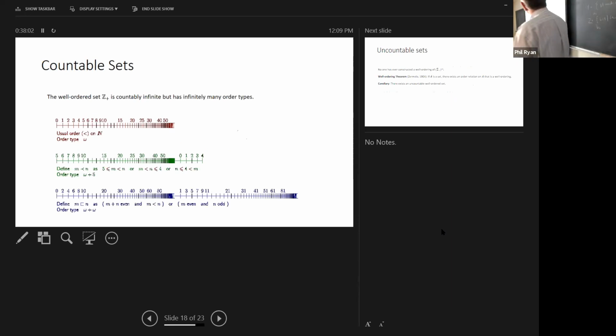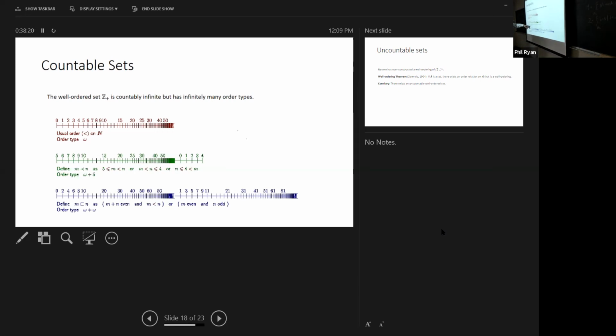Countable sets, you can come up with lots and lots of different order types. So the usual one, that order type is called omega.